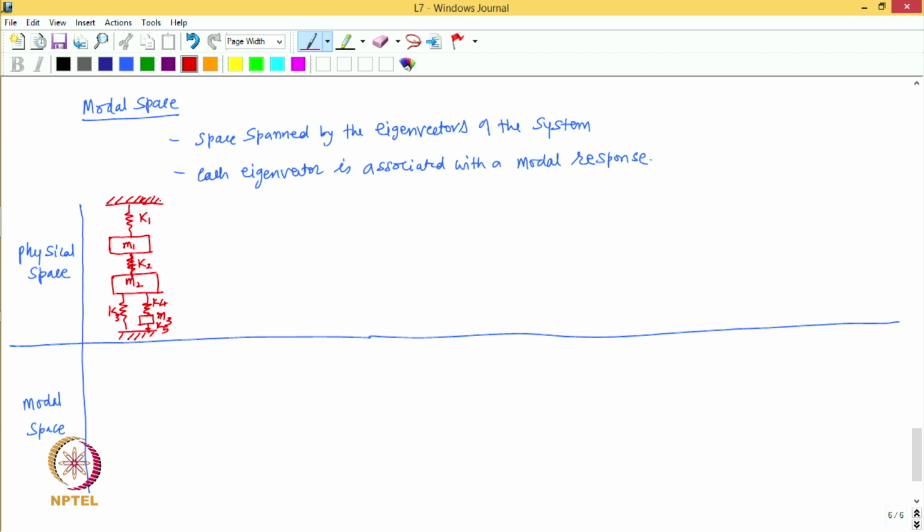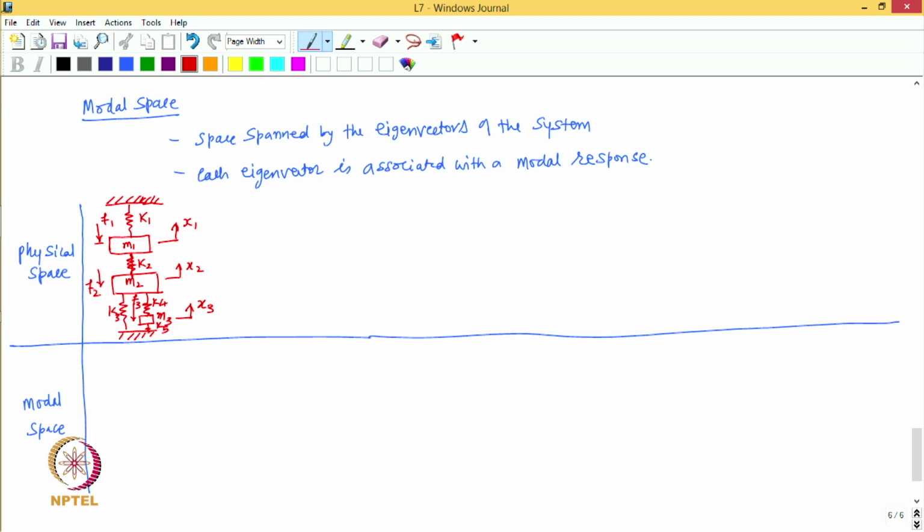Actually, we have a 3 degree of freedom system, and what are the degrees of freedom here? Say x1, x2, and this third mass has degree of freedom x3, right. And then you may have forces acting on it. So, let us say this is F1, F2, and on this mass you may have the force F3, isn't it?